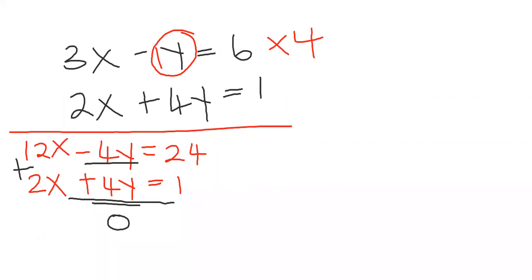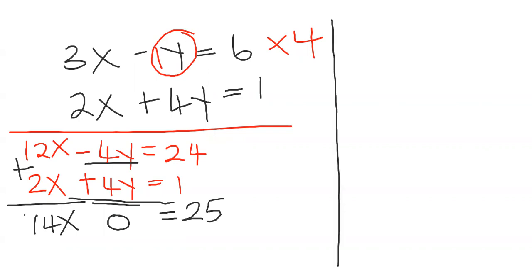But remember, what you do there, you do everywhere in your other terms. So we are going to have 12x plus 2x, which gives us 14x. Then we move to this side: 24 plus 1 gives us 25. So your expression has reduced to 14x equals 25.